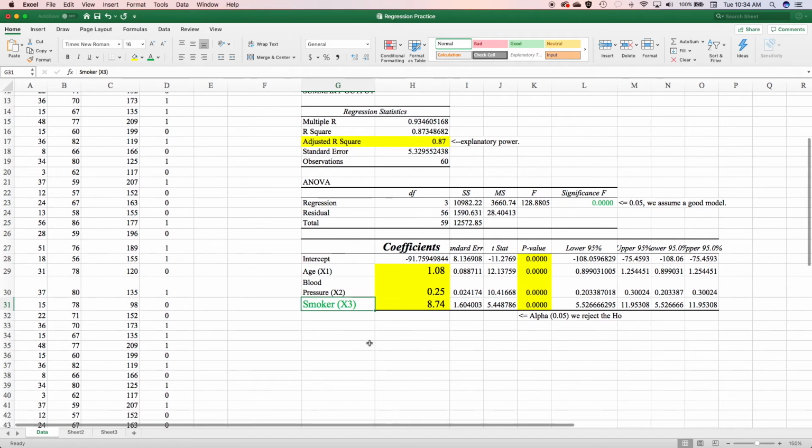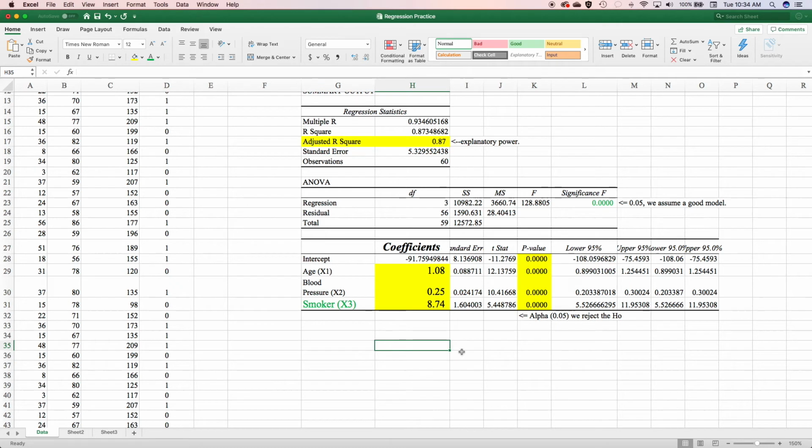If we were to type all of this out, the way this would work would be our risk would be equal to a negative 91.76, and I'm getting that number from the coefficient for the intercept, plus 1.08 times age, right, plus 0.25 times the blood pressure, plus 8.74 times smoker, plus some error term.